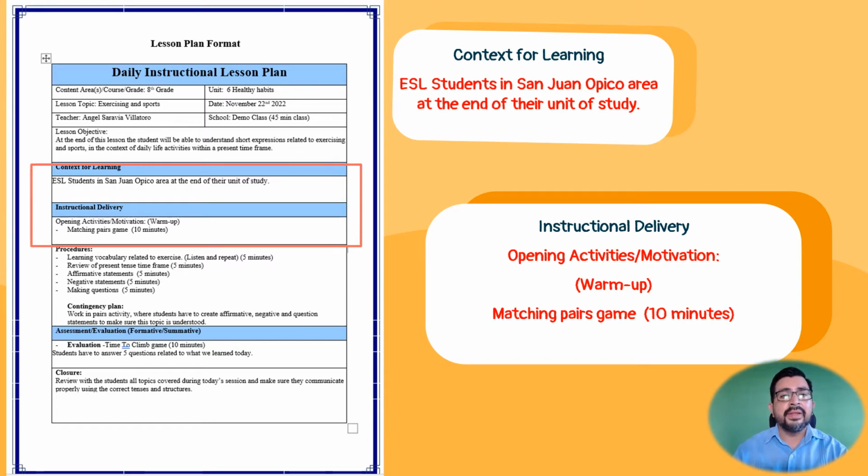That means that if I have to deliver this class, the students are going to be pretty much at the end of the cycle. Unit number 6 is the last unit of the year, and the topic that I selected was pretty much the last topic of the year as well. So that's why we need to know about the context.